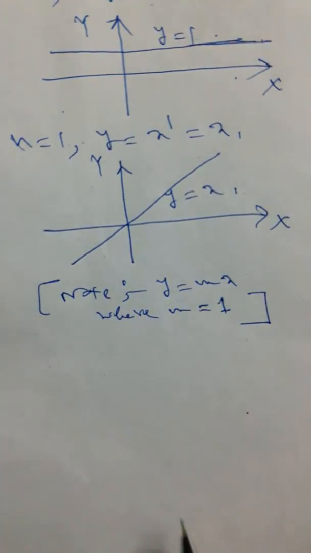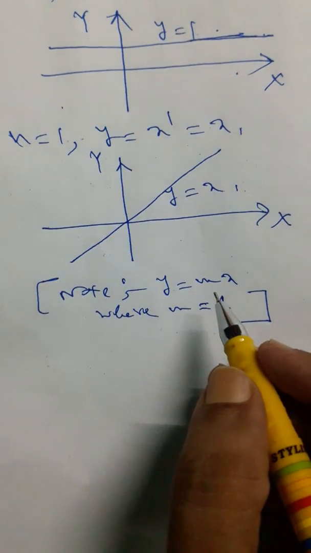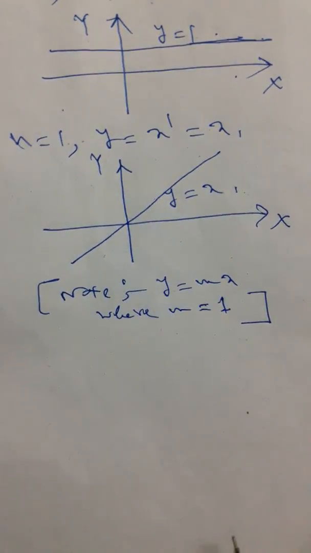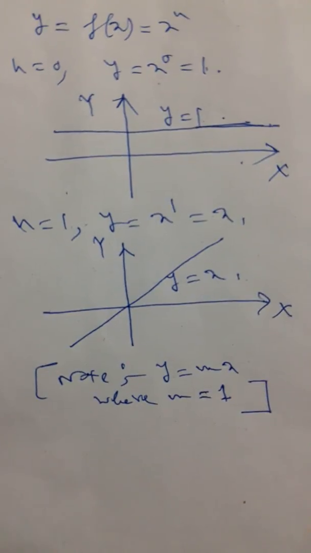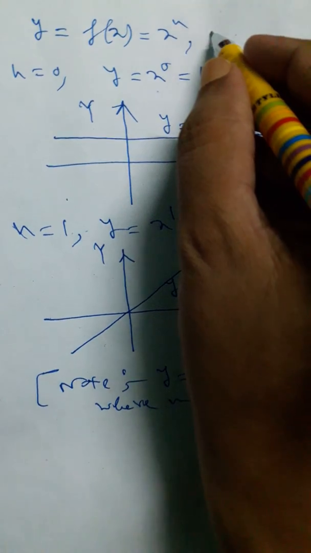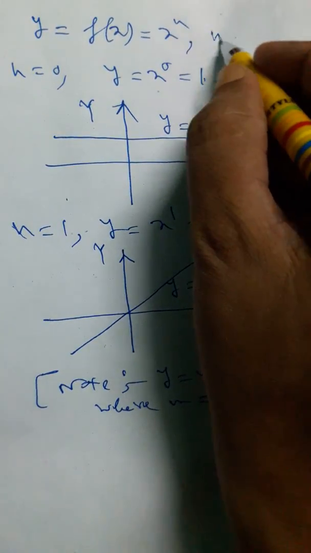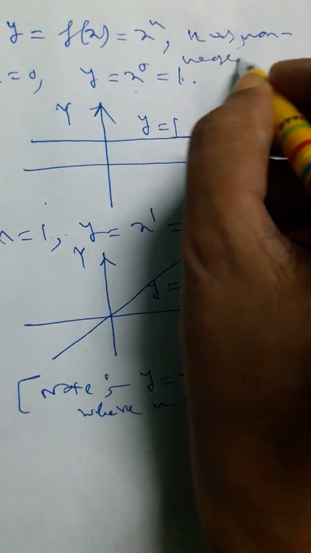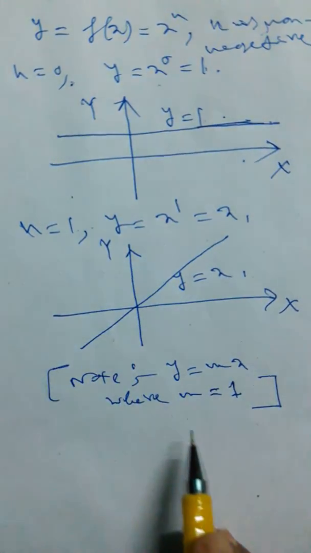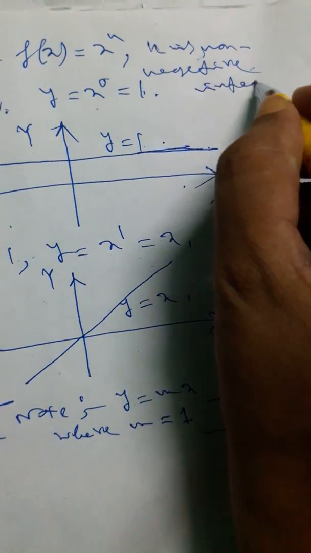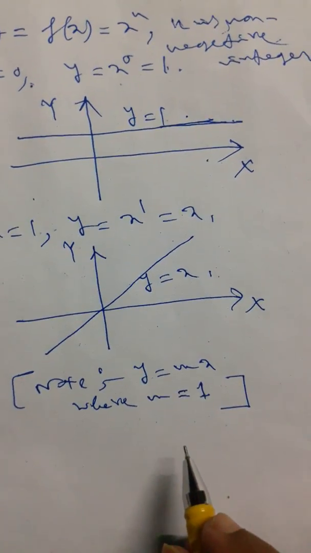Now if we take n equals 2, n equals 3 and so on, we get two categories of functions: for the odd power of x and for the even power of x. Here it is noticeable that we consider all graphs where n is non-negative, that means n starts from 0 and goes up through the non-negative integers, 0, 1, 2, up to infinity.